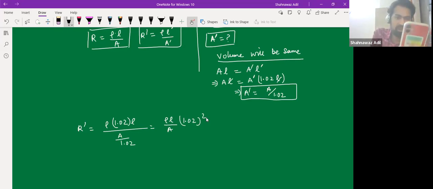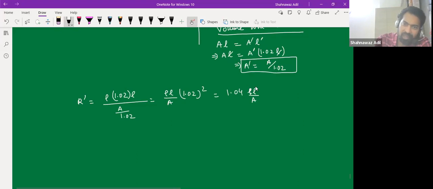Let me calculate how much is 1.02 square. This is 1.04 rho L by A, right? So rho L by A is R. So 1.04 R. This is the new resistance, right?